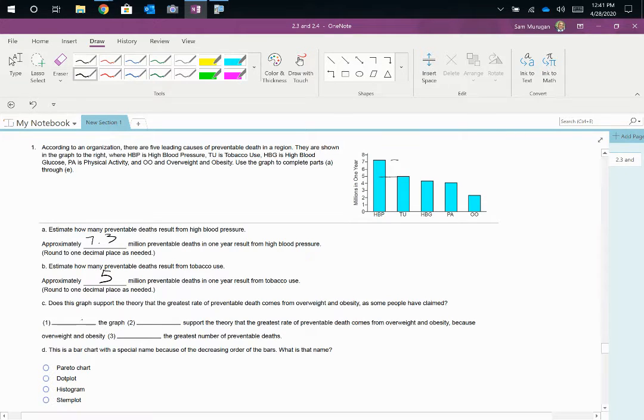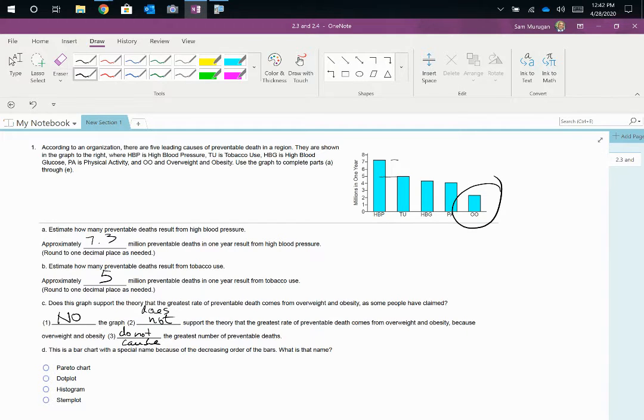So no, the graph does not support the theory, because overweight and obesity does not cause the greatest number of preventable deaths. Those would be drop-down bars.